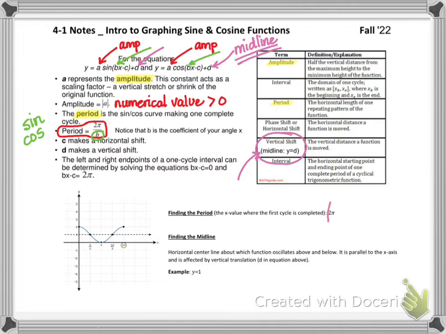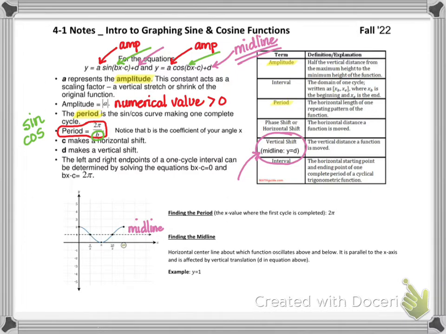So down here, a little bit lower, you are going to see a graph, okay? And in this graph, there is a dashed line that we can see cuts our graph straight down the middle. That midline will always be a horizontal line.